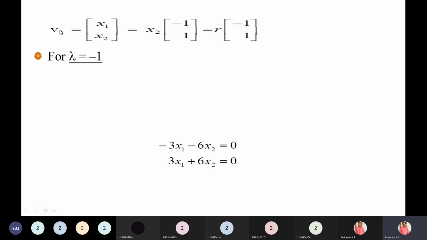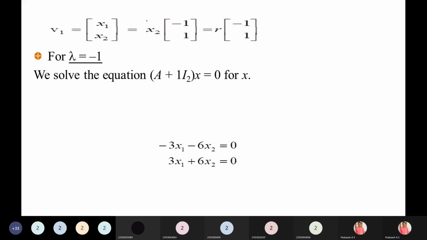Say this is the eigenvector x1, x2. That is, x2 equal to r. I have taken x2 equal to r, so this is written as r into minus 1, 1, because x1 equal to minus x2.